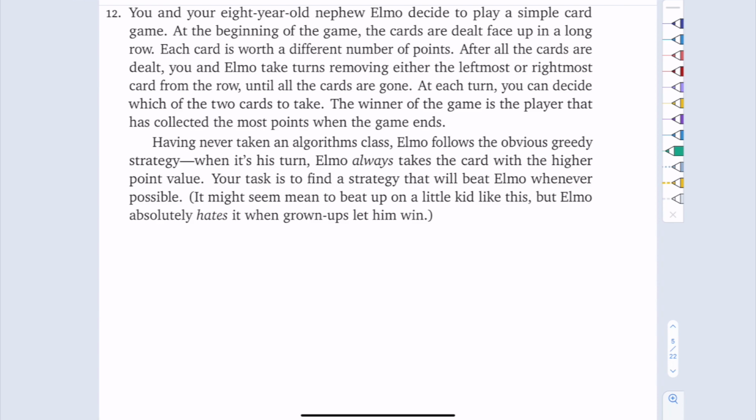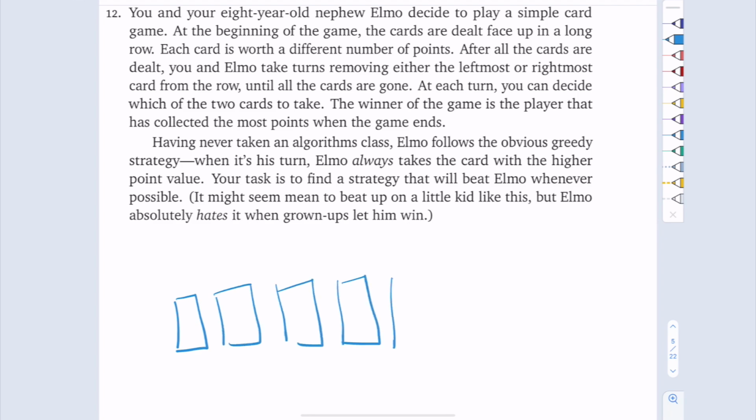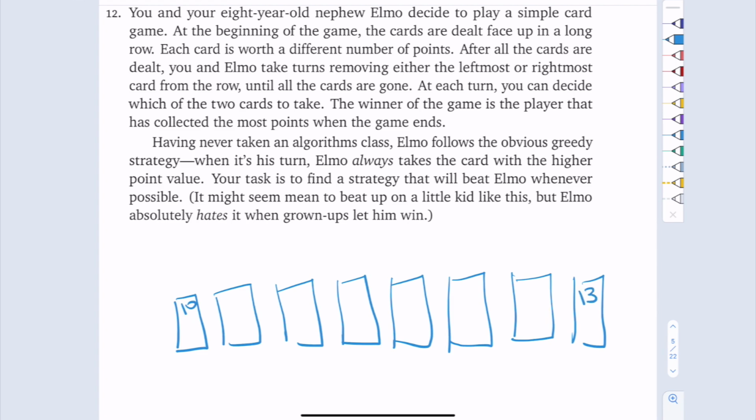Okay. All right, so this problem is about you and your nephew, apparently named Elmo. So you decide to play a simple card game, and the idea is that at the beginning you lay out a bunch of cards from left to right, and they have point scores on them, like 10, or king is worth 13 or something.